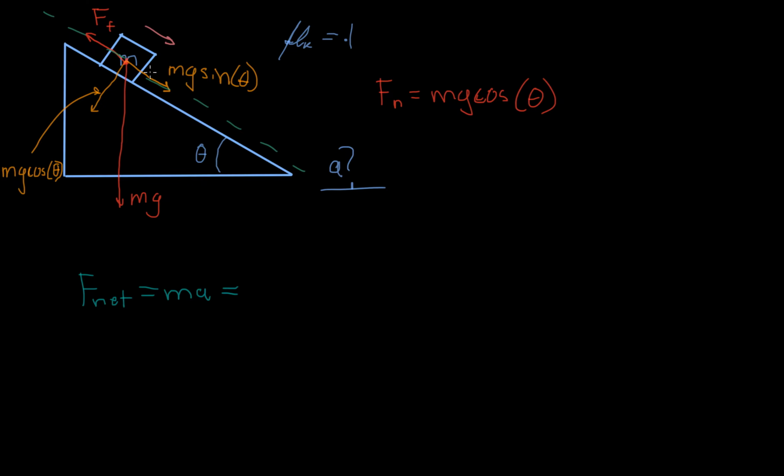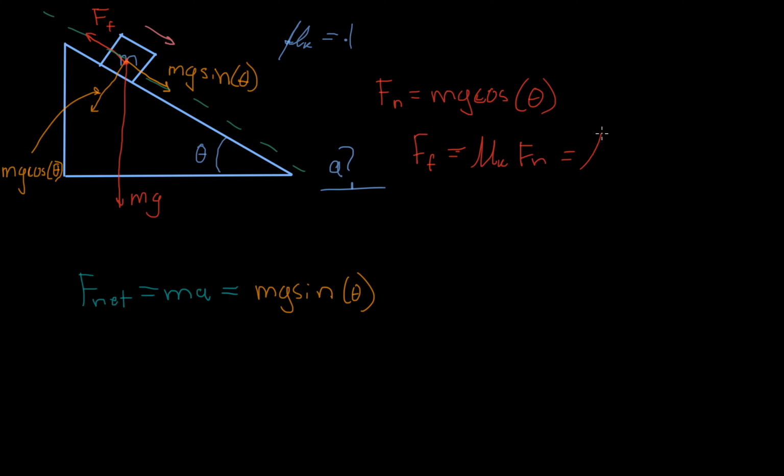And so in the positive direction, we'll make sliding down the positive direction. So we have a force mg sine theta, and I'll do this in a nice yellow color to match. Mg sine theta. And then we have our force of friction. And remember, force of friction is equal to mu sub k times the normal force.